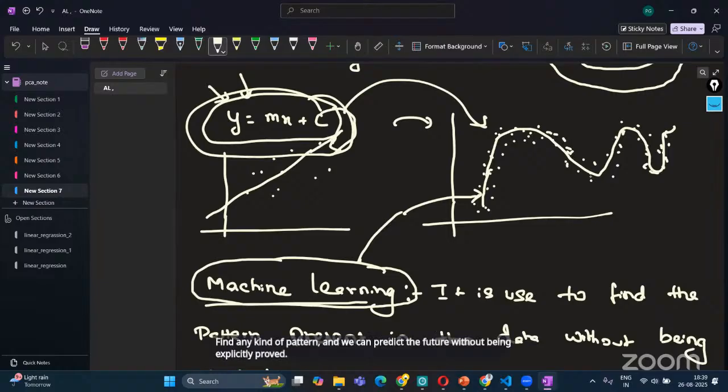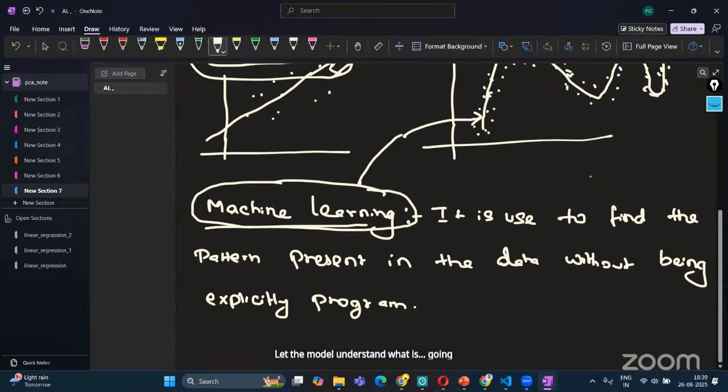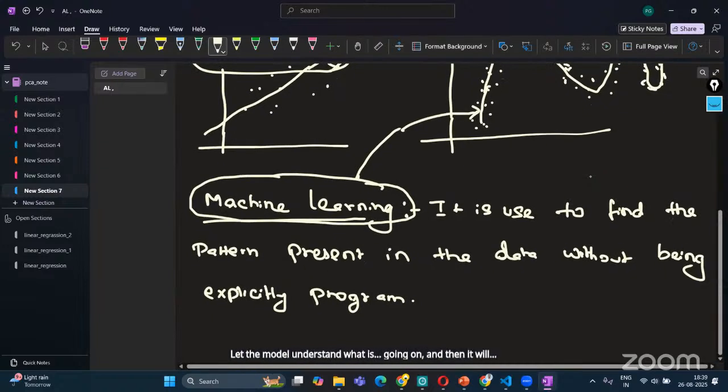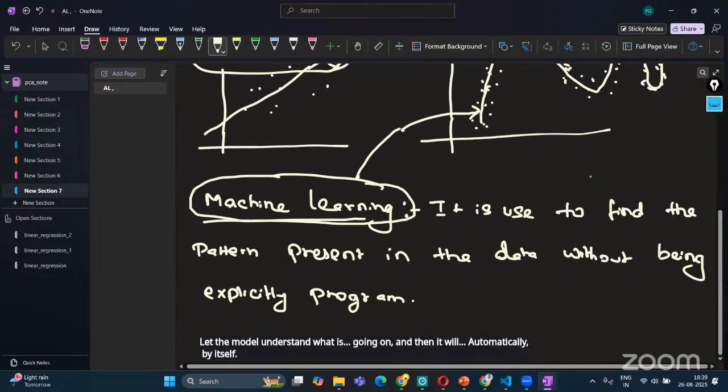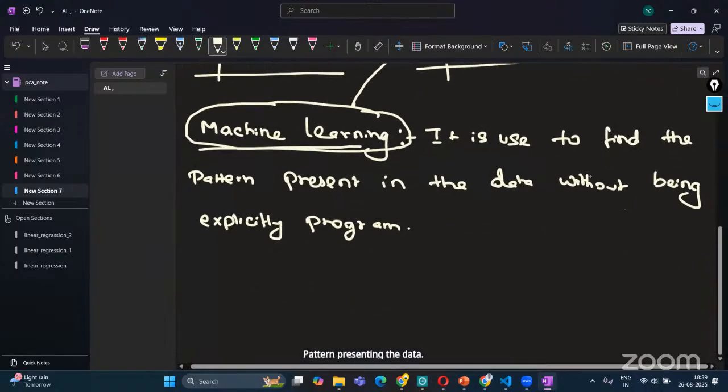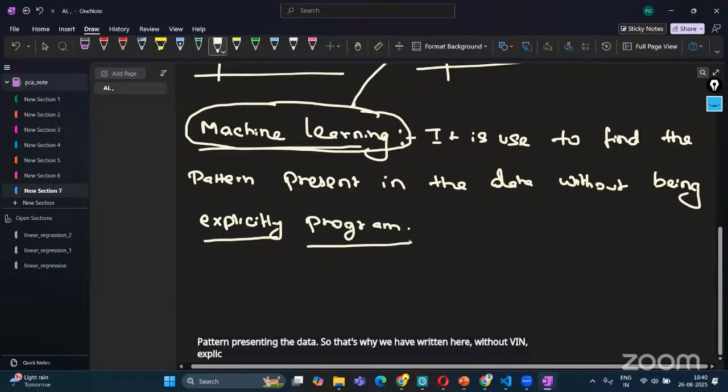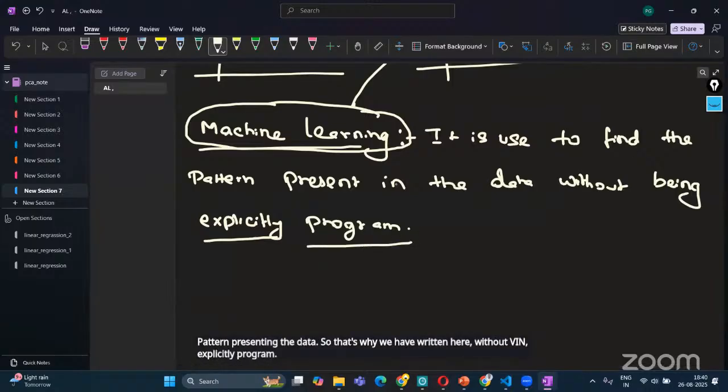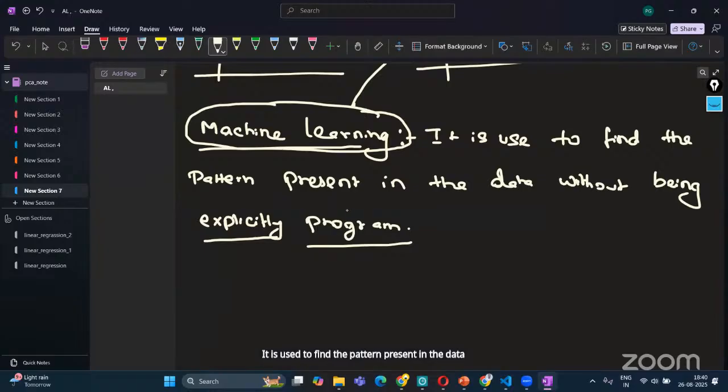So finally, we just feed the data, let the model understand what is going on, and then it automatically finds the pattern present in the data by itself. That's why we have written here: without being explicitly programmed.